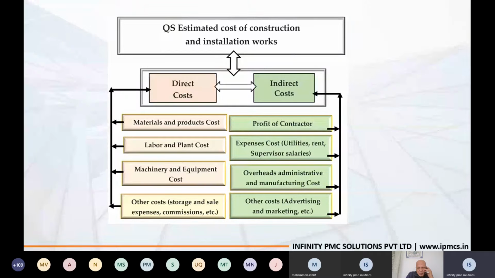Direct cost comes under categories like material, labor, machinery cost, and other costs such as storage, sale expenses, commissions, etc. When we come to the indirect cost, contractor profit has to be included in our estimate. Expenses like utilities, rent, supervisor salaries, and overheads, and other costs like the amount we spend for advertising and marketing our project. So this, miscellaneous cost.